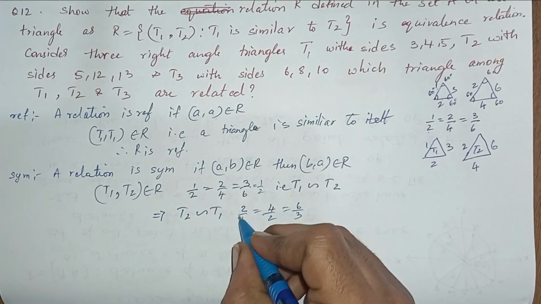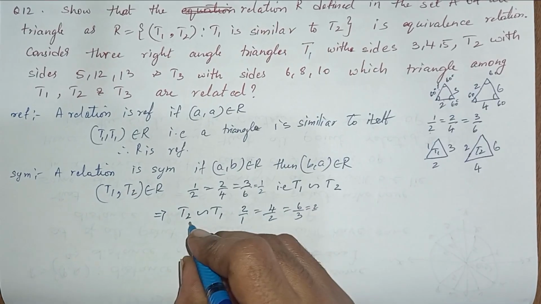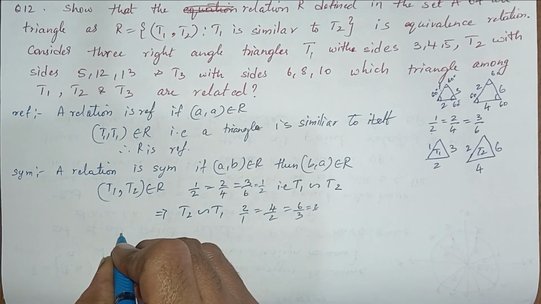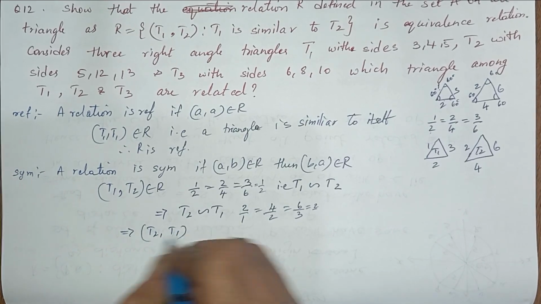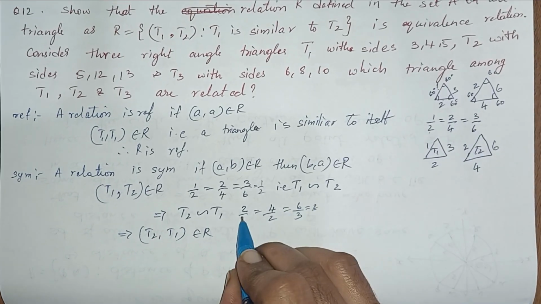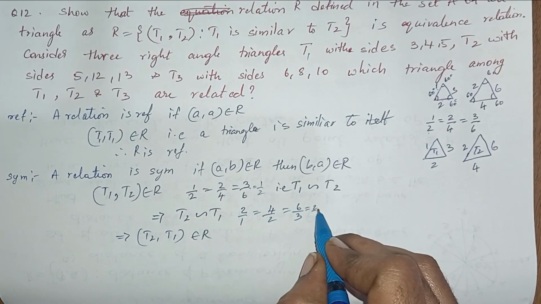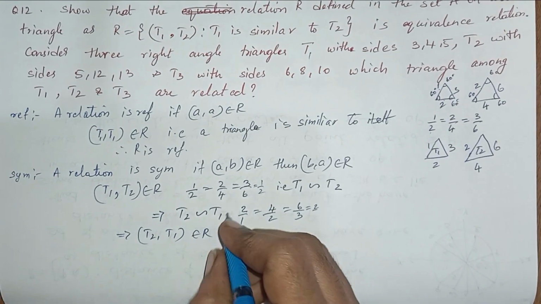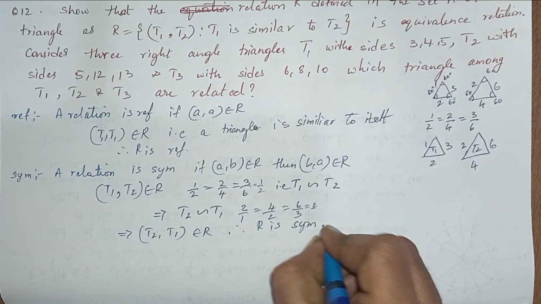So you can see all the ratios are equal to 2. So it is proved that T2 and T1 also belong to R. So all the sides are in the same ratio, that is 2. Therefore, R is symmetric.